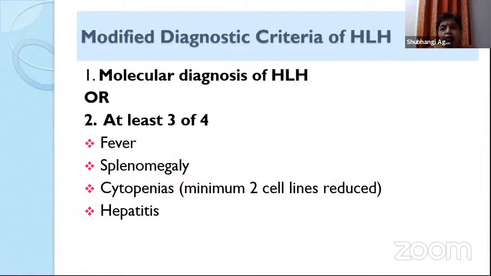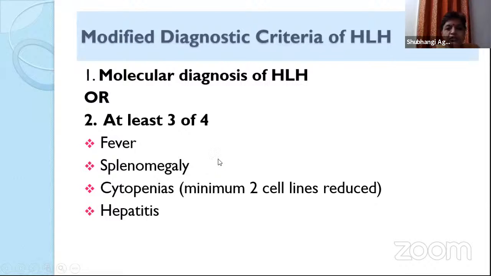So coming to the criteria for the diagnosis of HLH, these are the modified criteria. First criterion, you must have a molecular diagnosis of HLH. If there is a molecular diagnosis, it's confirmed, so it's very good. But if you do not have a molecular diagnosis, you must have at least 3 of the following, that is, out of fever, splenomegaly, cytopenias, minimum 2 cell lines reduced, and hepatitis.